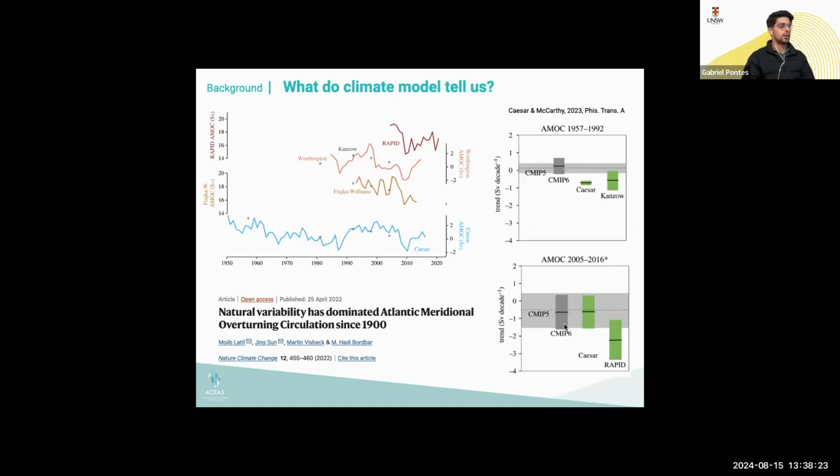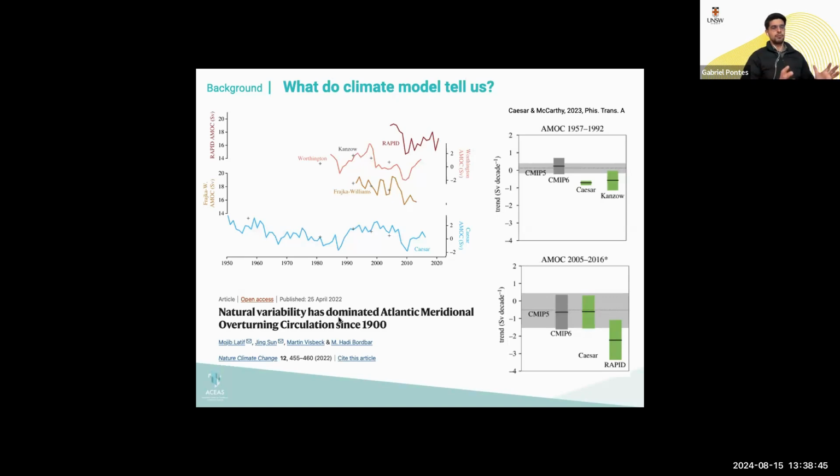And they came to the conclusion that, for the way the CMIP5 and CMIP6 protocol and forcings are set up, natural variability has dominated the AMOC since the beginning of the past century.